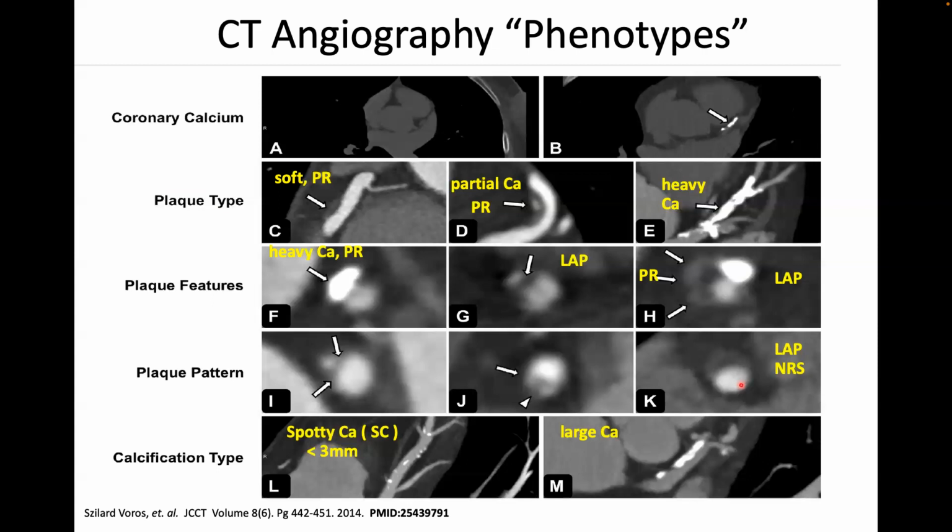If you squint, you say, oh, okay, I believe that, that's low attenuation plaque there. But again, we would really like resolution about another 3x at least to visualize this with great certainty. But this napkin ring sign has been found to be a very risky thing to have, and that's low attenuation plaque really close to the lumen, right?